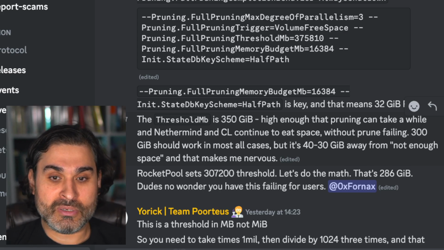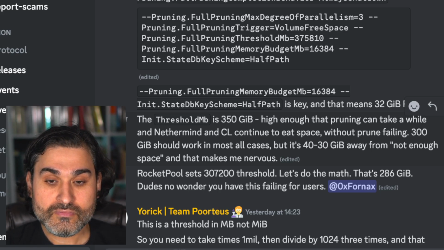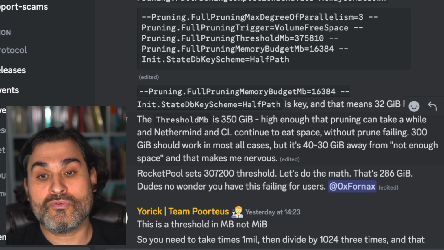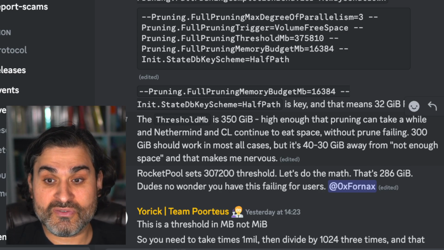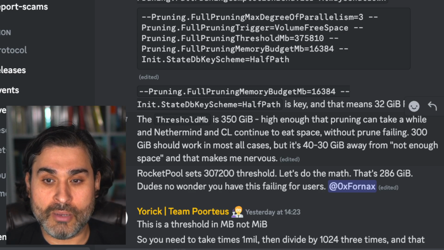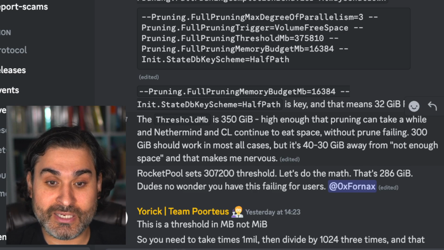So what basically happened is one of the parameters that was set for the pruning is the amount of space that you need for your system to do its thing. And there wasn't enough space left. It should have been about 350 gigabytes or at least 300, but the system was set at 286 gigabytes, which was not enough.